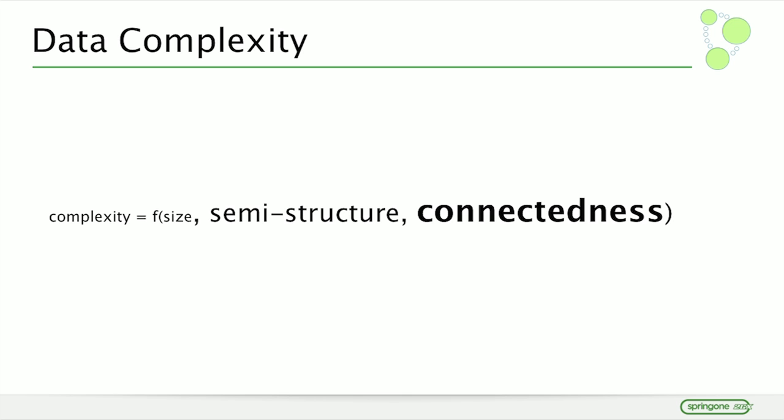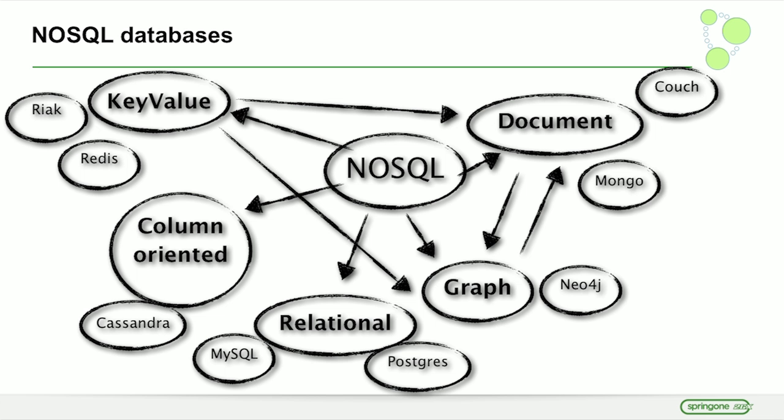And we have more and more data that's actually heavily interconnected. I'll show some real-world examples for that, and all of them make up the data complexity. So most of the NoSQL databases deal with the size and semi-structure problem. Graph databases deal with the connectedness problem. So we'll focus on this part today.